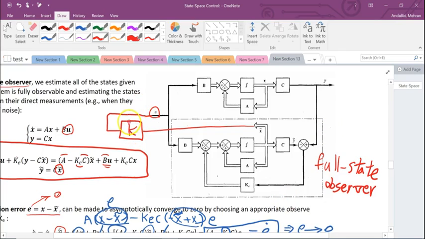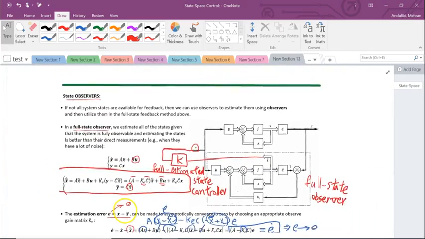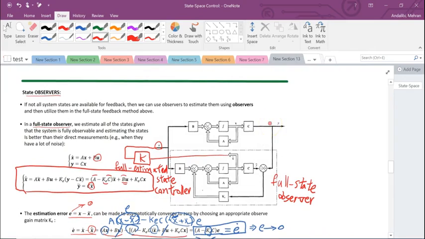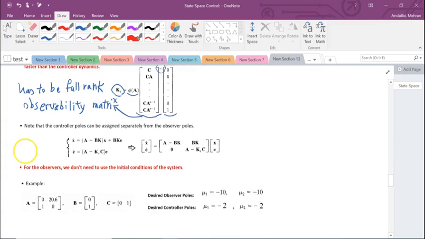And this guy is your full estimated state controller. So without any sensor, if your dynamics models are very good and your parameters are good, you should still be able to control the system. Okay? So this is called full state observer, full state controller.